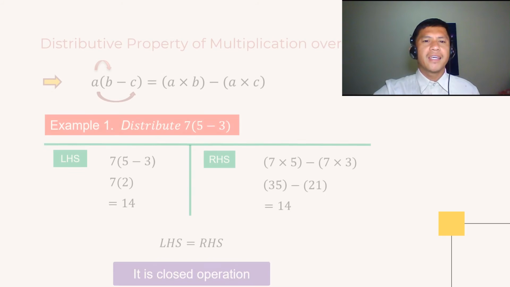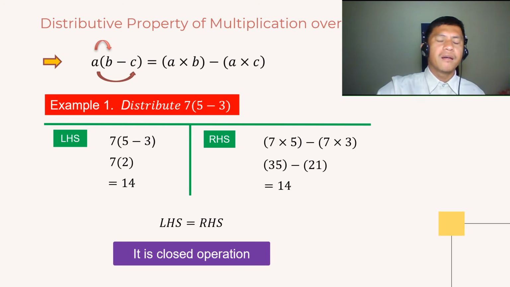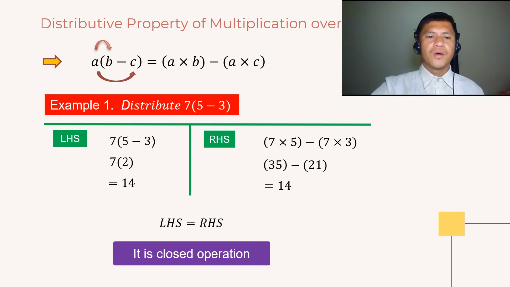Let us verify distributive property of multiplication over subtraction. Example number 1, distribute 7 times quantity 5 minus 3. Using the left-hand side solution, we first operate the PEMDAS. So, 5 minus 3, 2. 2 times 7, 14.